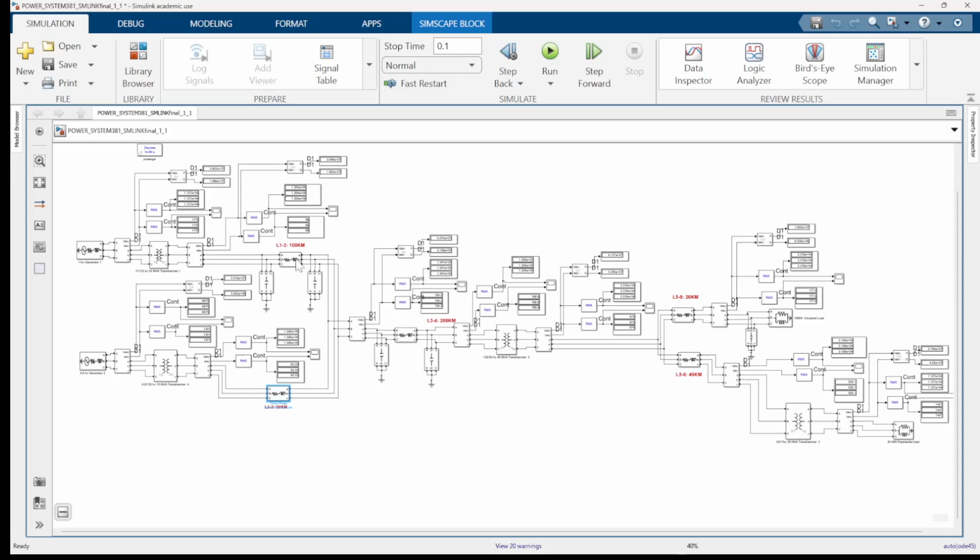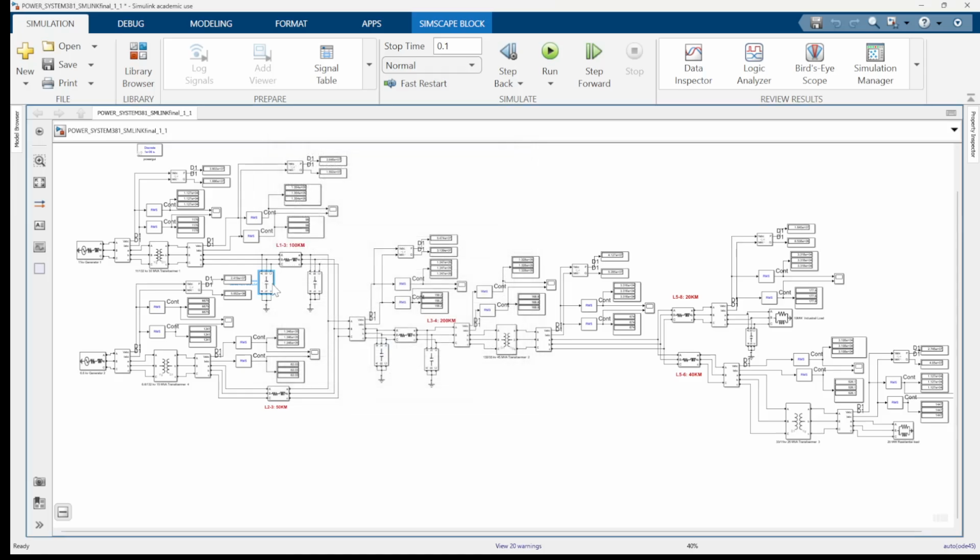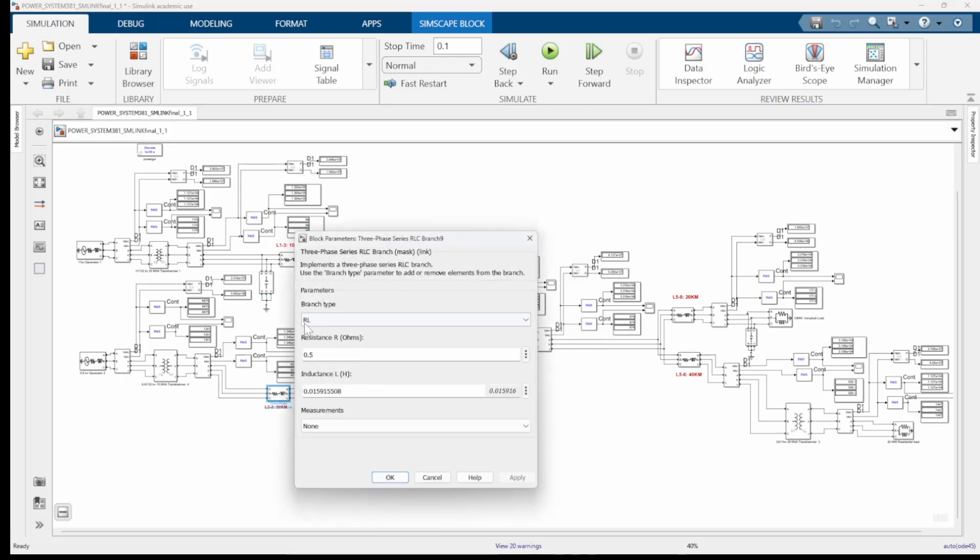However, for a long transmission line like 100 kilometers, you need to model it as a pi section, using a shunt capacitance on each side of the series RL branch. So this is a long transmission line: you have a pi section with two capacitances and one RL branch.